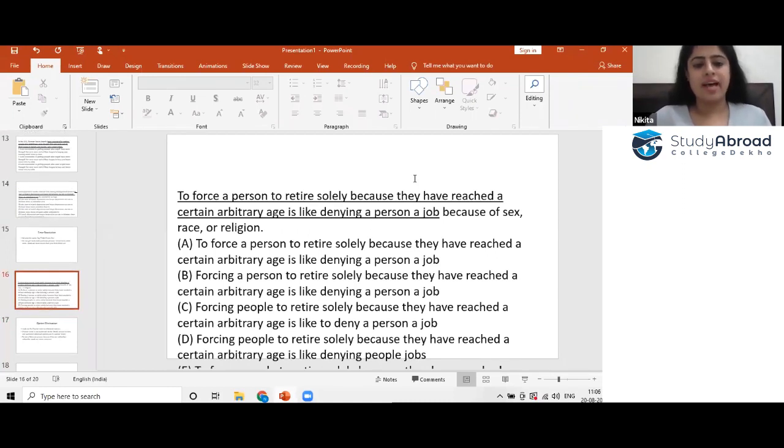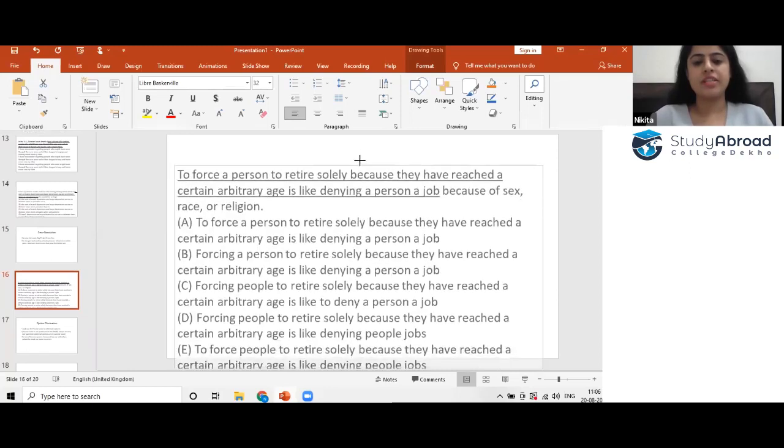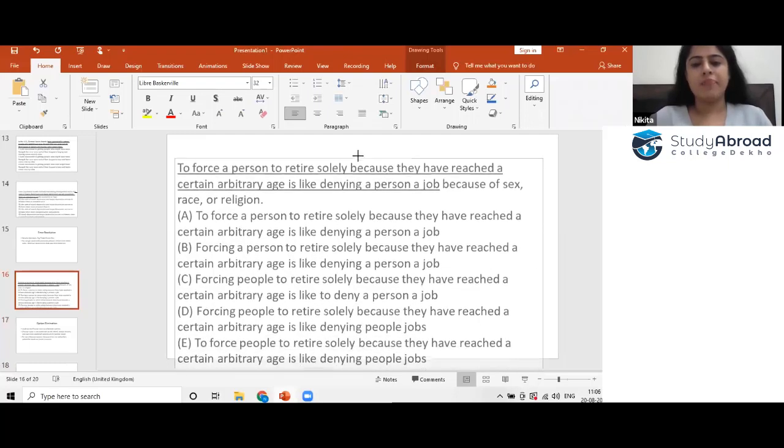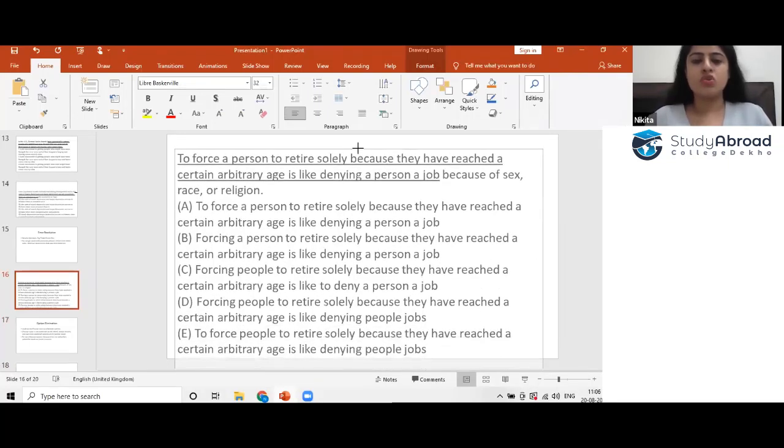Now, let's have a look at this particular question. Please read. It says, to force a person to retire solely because they have reached a certain arbitrary age is like denying a person a job because of sex, race, or religion.